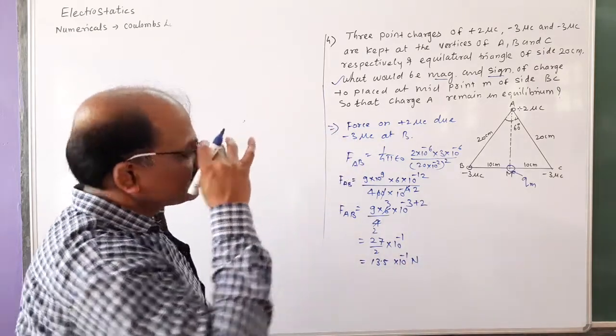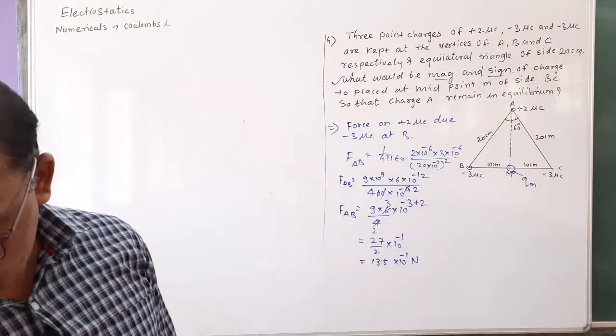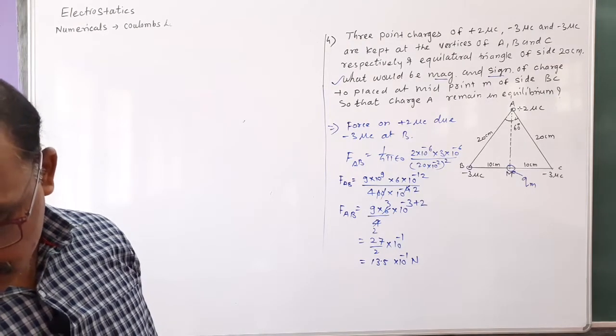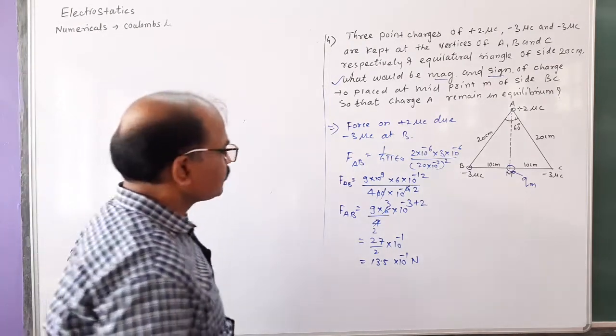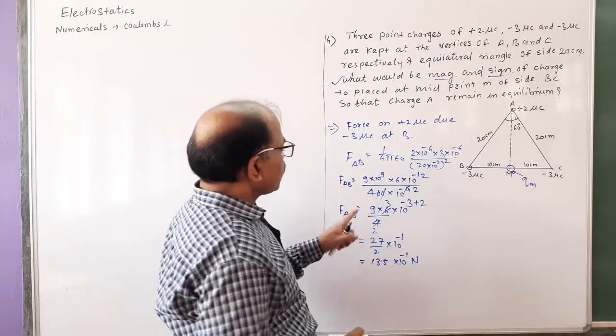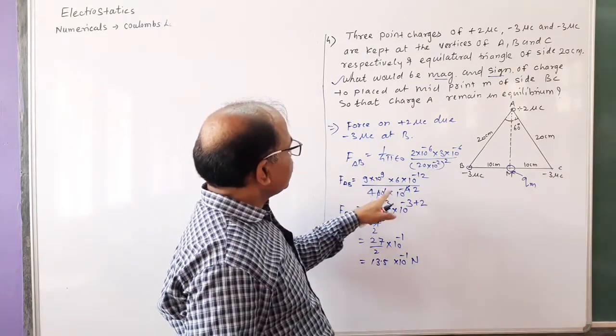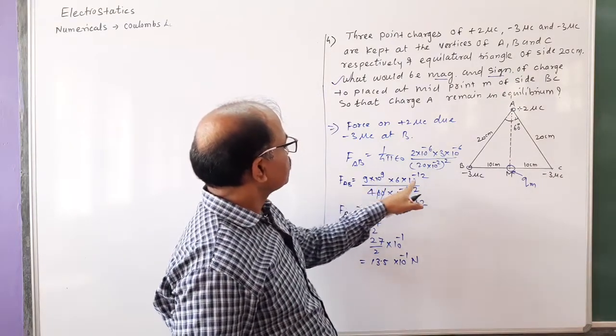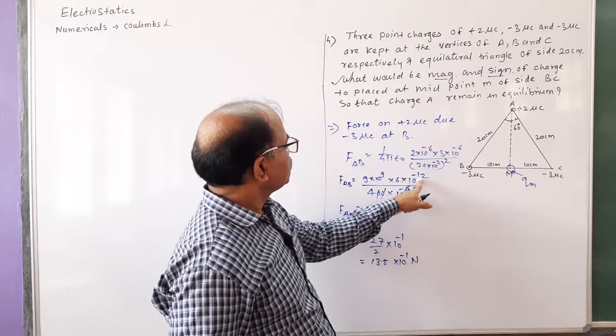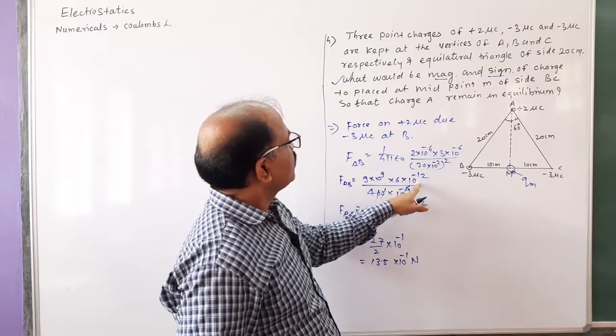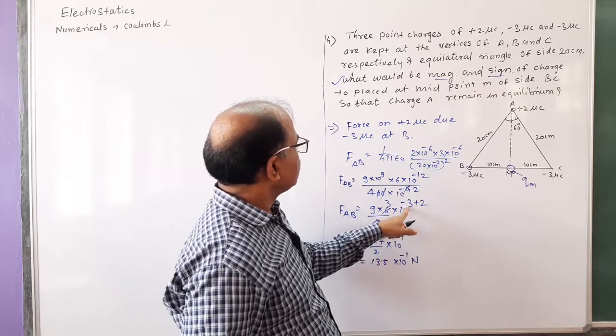Let's check the answer. Okay, this is 10 raised to minus 9, 10 raised to 9, 10 raised to minus 12. This becomes minus 3.